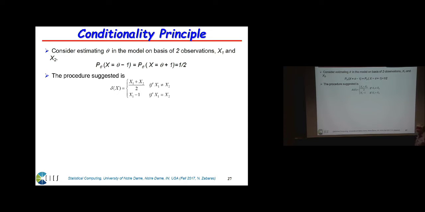The answer is, if you're a Bayesian person, no. All right? The answer is, your inference has to depend on the data and nothing else. So once you say, this is what I do, this is my experiment, the data have to decide your inference about theta. And this is what is called the conditionality principle.